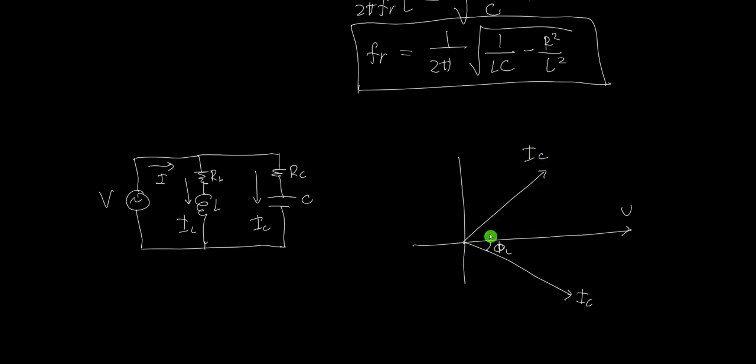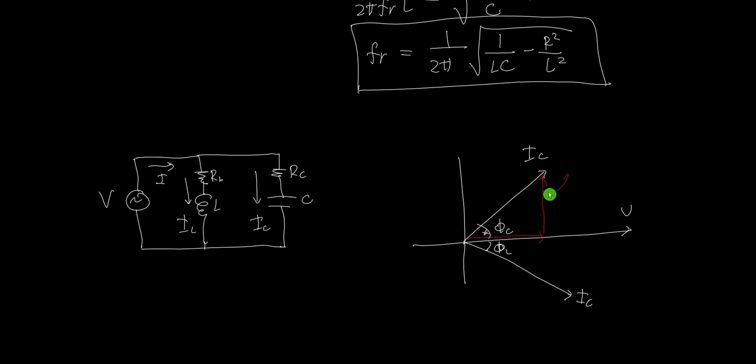I will call this IC, and I also call this one phase of C. So if I draw the components again, so that we can imagine this component here, and another component here for IC.